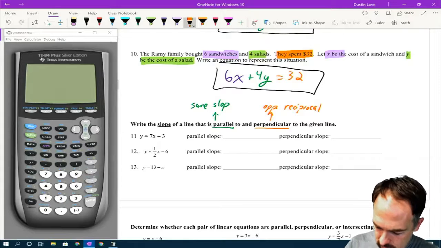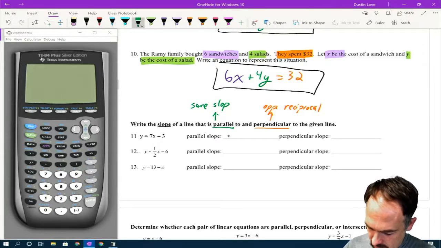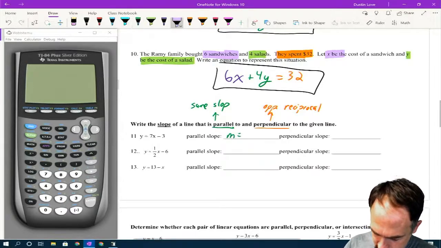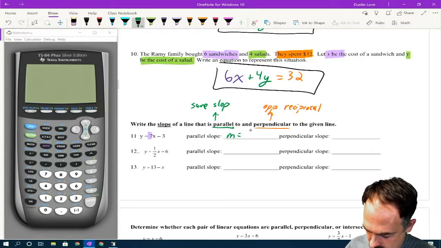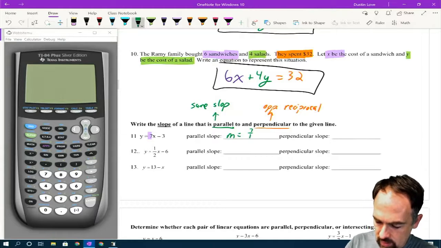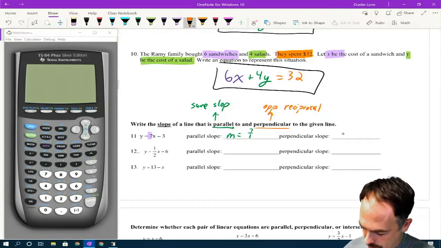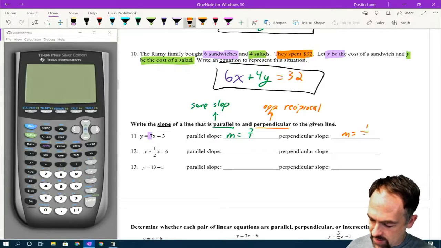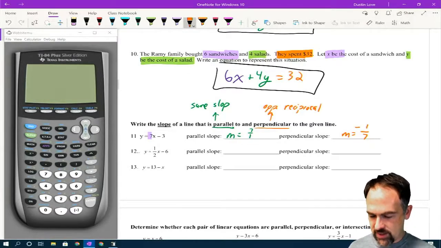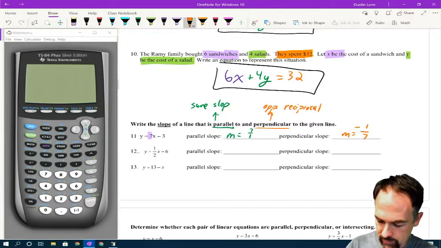So over here, whenever I do my parallel slope, whenever I look at this, here it's 7. So slope is just 7 over 1. Now my reciprocal slope, I'm going to take that fraction 7 over 1, flip it upside down, and change the sign from positive to negative.